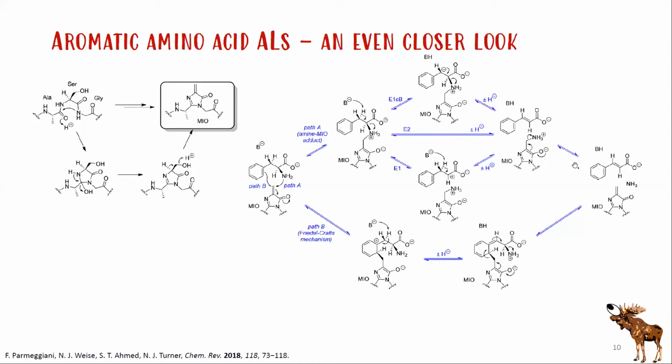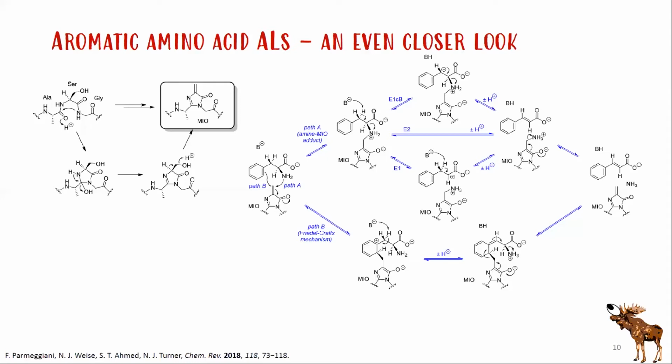Another pathway which was proposed was a sort of Friedel-Crafts mechanism, where the aromatic ring would be attacking the beta carbon here, and then again that would make the hydrogen to be abstracted more acidic as well. Just as in an electrophilic substitution on aromatic rings, we would then have the re-aromatization and the elimination of the amino group and so on.